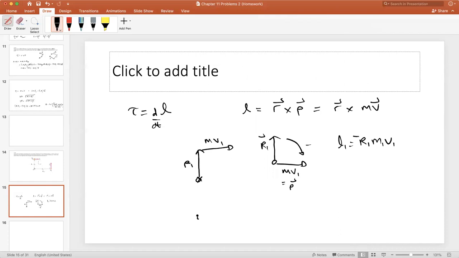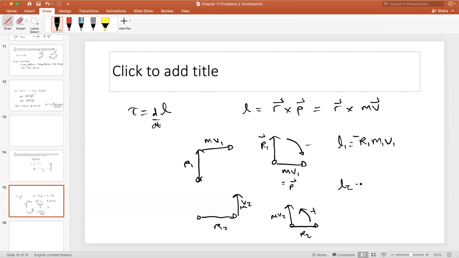And then for particle 2, we have R2, which is actually D2, and we have V2, which if we multiply by M becomes P2. Putting these tail to tail, we get R2 and MV2 or P2. This rotation is positive, it's counterclockwise.